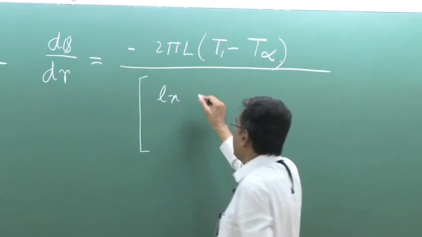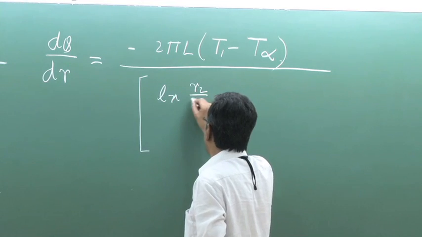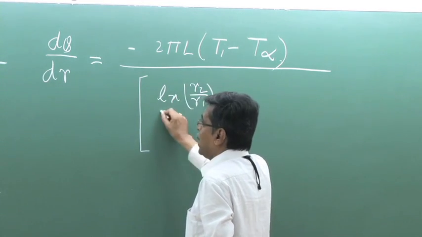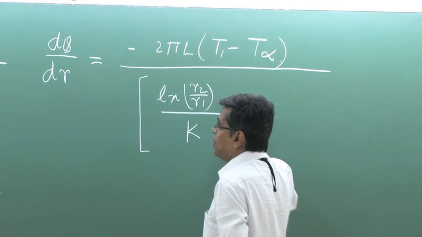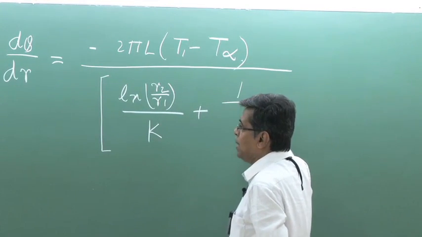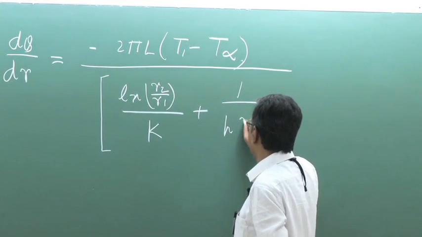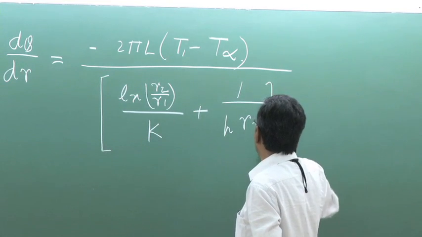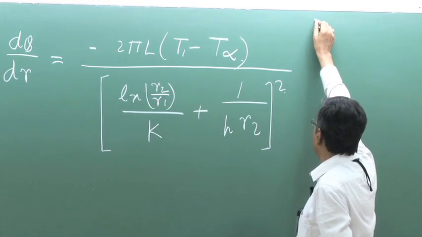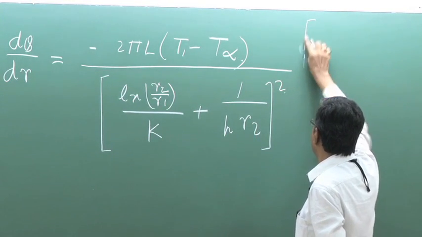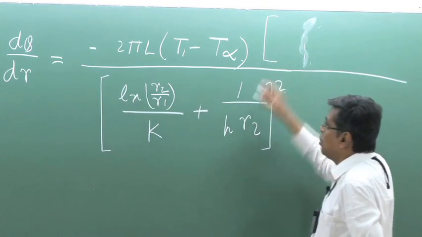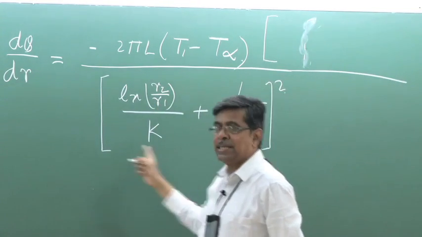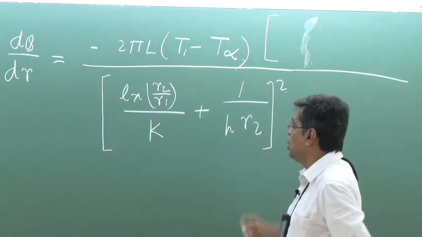And then [ln(R2/R1)]/K plus 1/(h R2), whole squared, into the derivative of this expression with respect to R2.